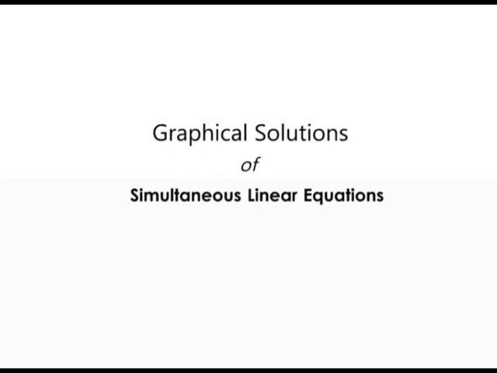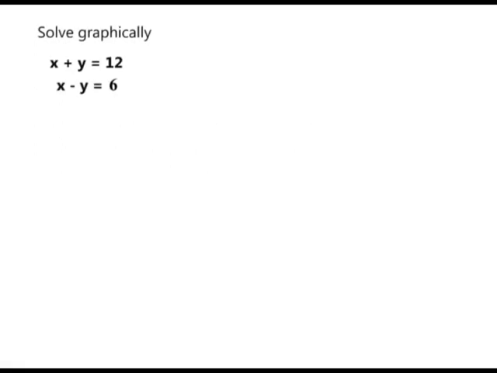For example, let us solve these two simultaneous linear equations using the graphical method: x plus y equals 12, x minus y equals 6. All we need to do is draw the graphs and find the point of intersection. So we plot the points first. For the graph x plus y equals 12, I want to choose two random values of x and then calculate the corresponding values of y.